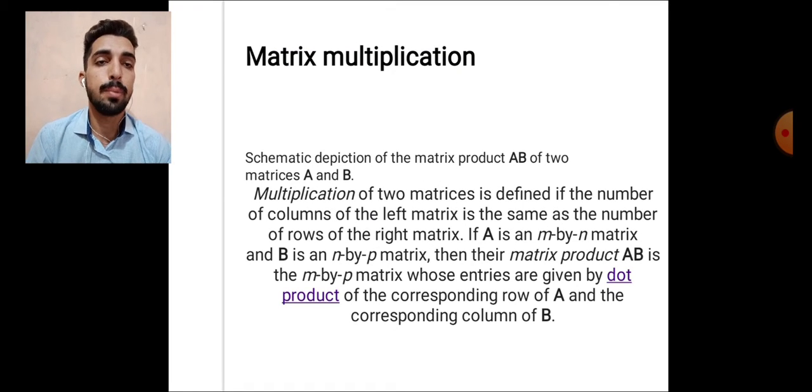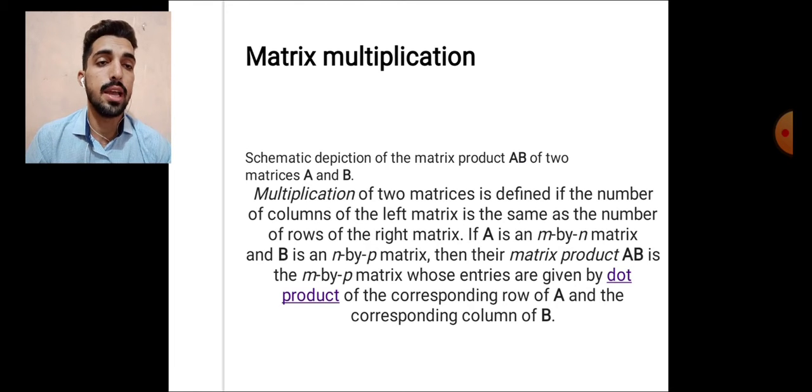Matrix multiplication. Schematic depiction of the matrix product AB of two matrices A and B. Multiplication of two matrices is defined if the number of columns of the left matrix is the same as the number of rows of the right matrix.